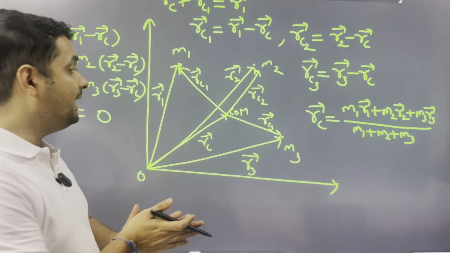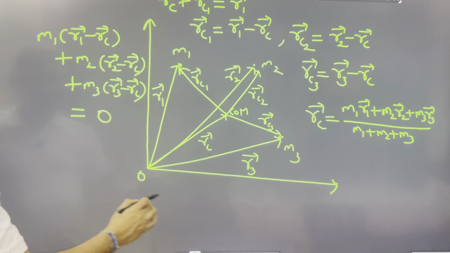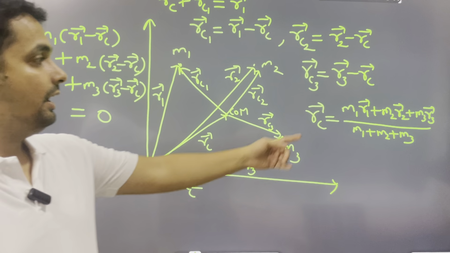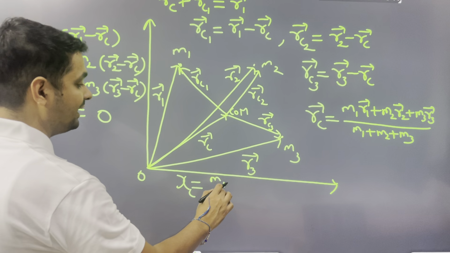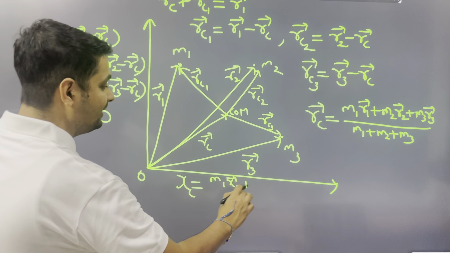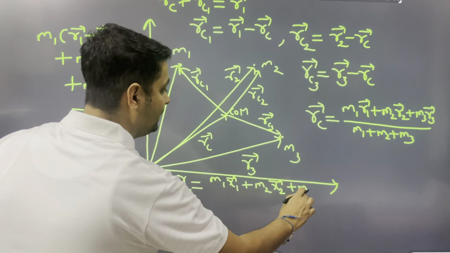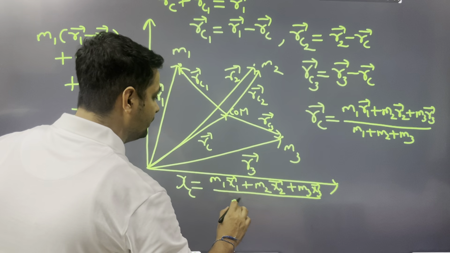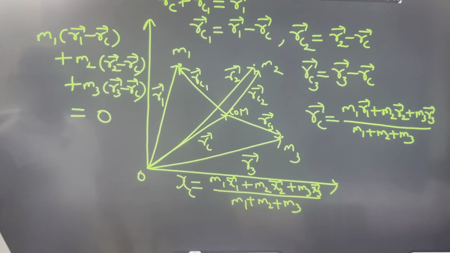Same way, we can find the XC vector. What will the XC vector be? M1 X1 vector plus M2 X2 vector plus M3 X3 vector, divided by M1 plus M2 plus M3. Correct?